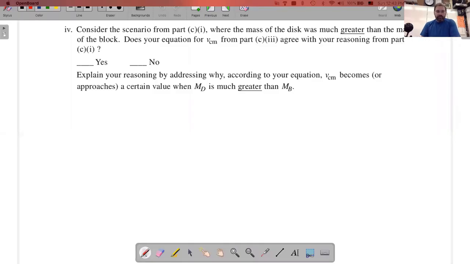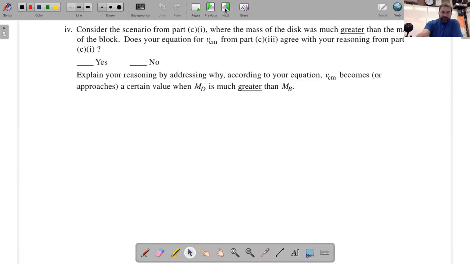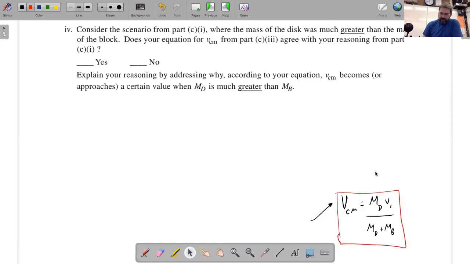So then part 4 of that problem says to consider the scenario from part C1 where the mass of the disk is much greater than the mass of the block. Does your equation for v sub cm from part C3 agree with your reasoning from part C1? That's kind of a lot to refer to, but this is the derivation of the expression that I came up with. So let me copy that in here.